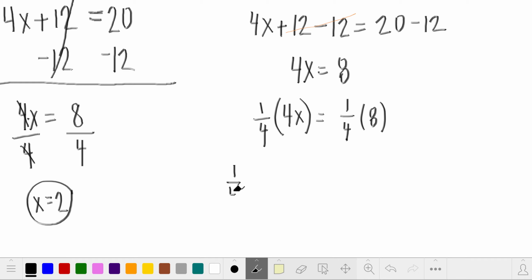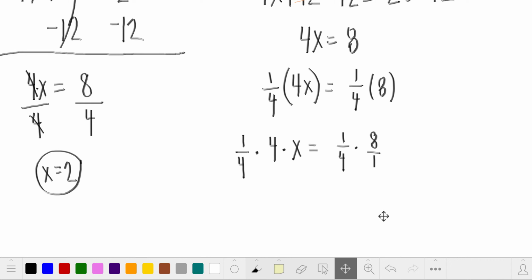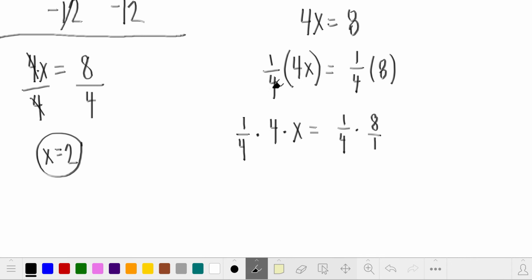In this case, 1/4 times 4x is the same as 1/4 times 4 times x. That's equal here to 1/4 times 8 over 1. So I just rewrote it there. And now this 4 is the same as 4 over 1.